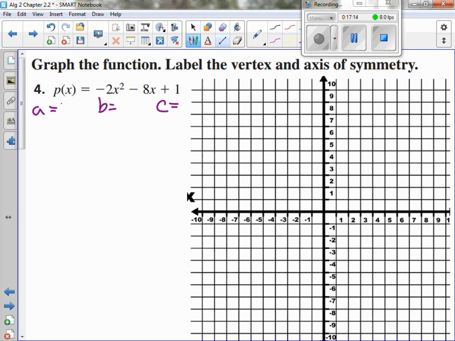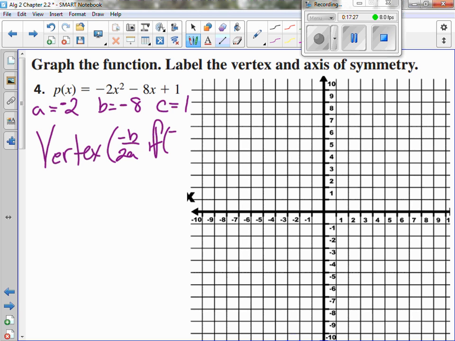So the value of A is, B is, and C is 1. Our vertex is negative B over 2A comma F of negative B over 2A. So what are we finding first? We're finding negative B over 2A.